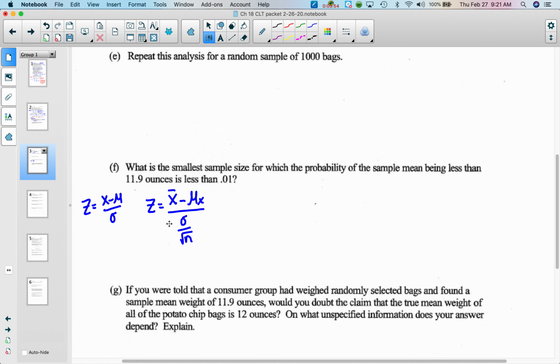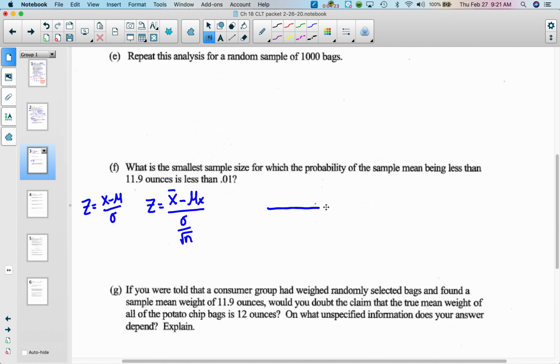Because remember, this is our standard error of our sampling distribution or our sample statistic when we are dealing with the distribution of the sample means. So we want to find a z-score that gives us a left tail of 0.01.